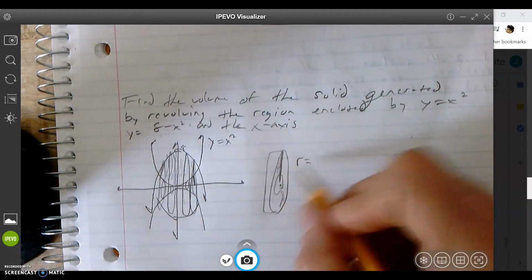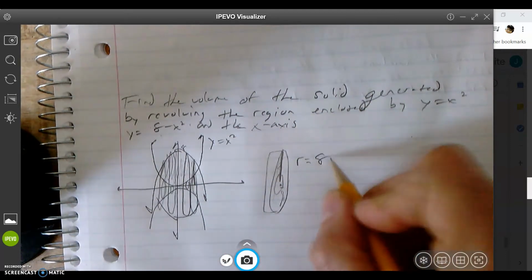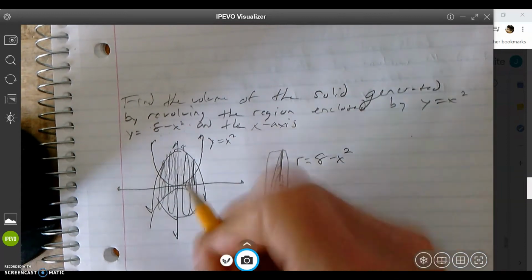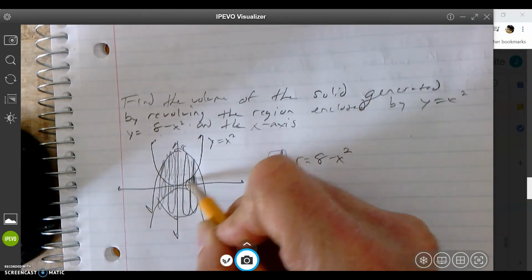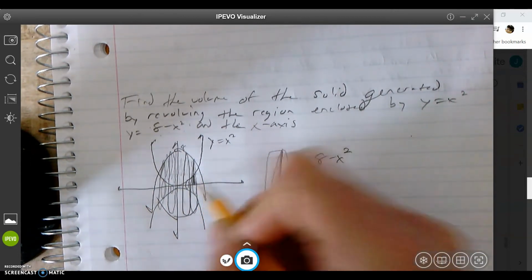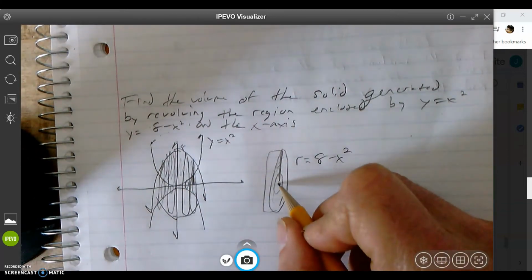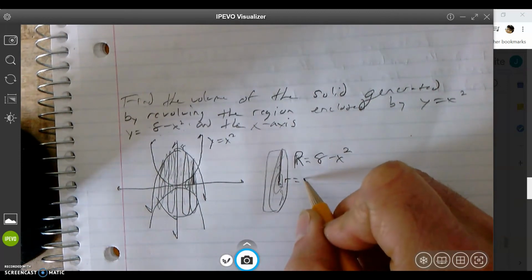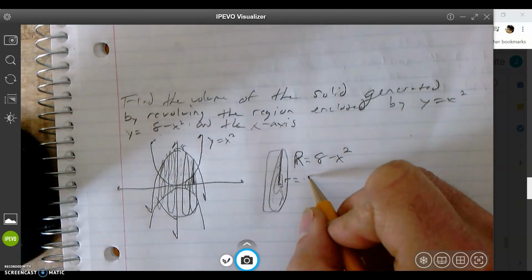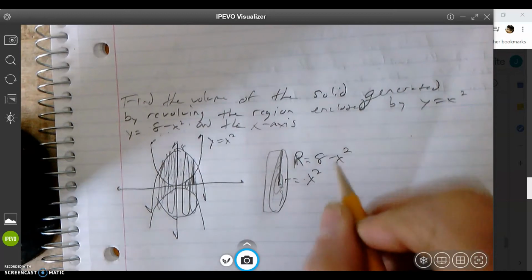So that radius right here is going to be 8 minus x squared. And then the small circle right here, this radius is from y equals x squared to the origin. So that's everything underneath that. So the small radius right here, we'll call this one big R, and then the radius is small r. So that's going to be x squared.